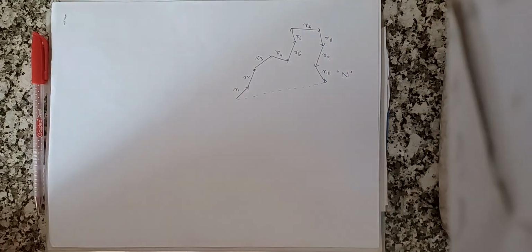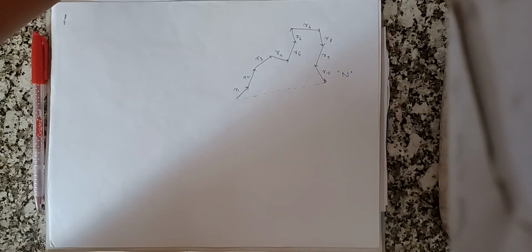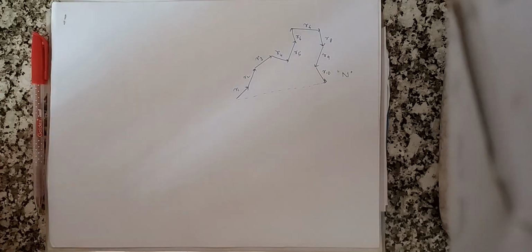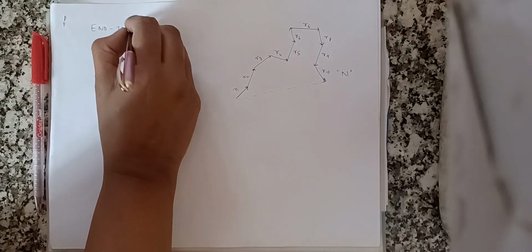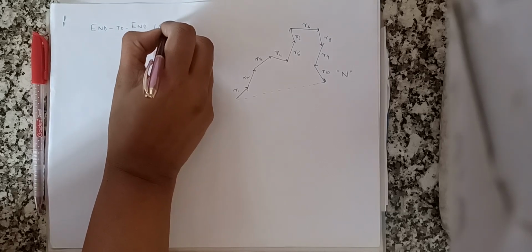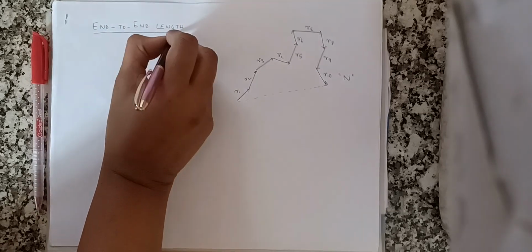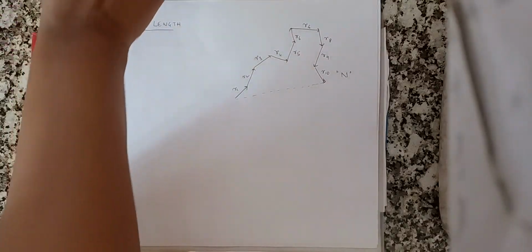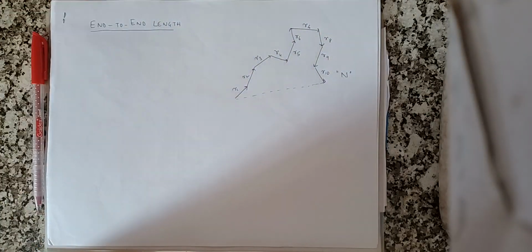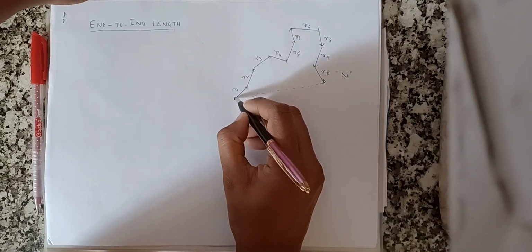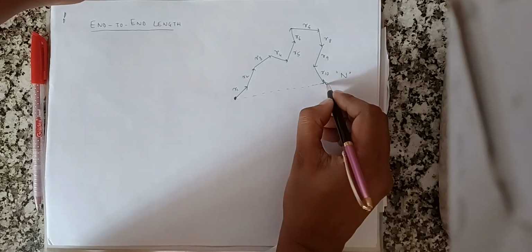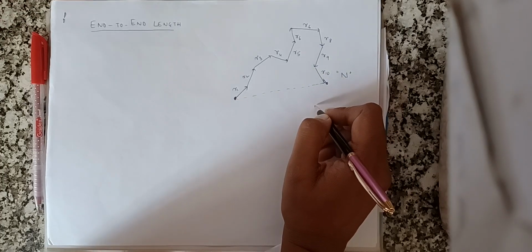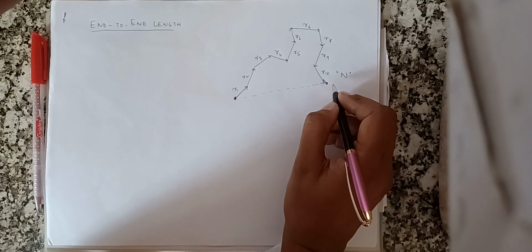Now from our previous discussion, you already know that we were trying to define some characteristic length called end-to-end length, which is basically telling you where the tail of the first monomer is, and where the head of the last monomer, that is the nth monomer, is.